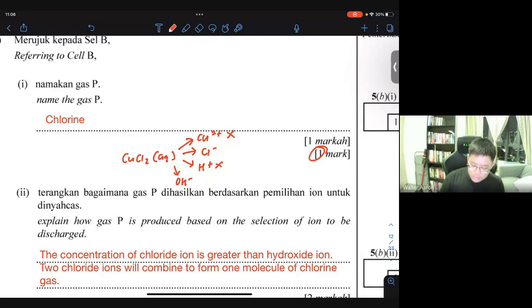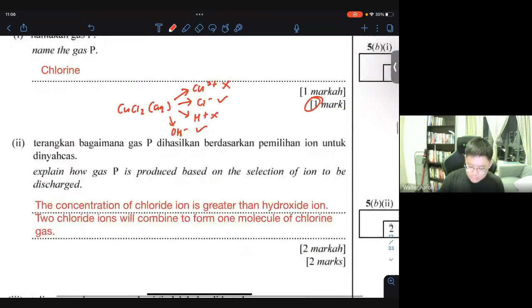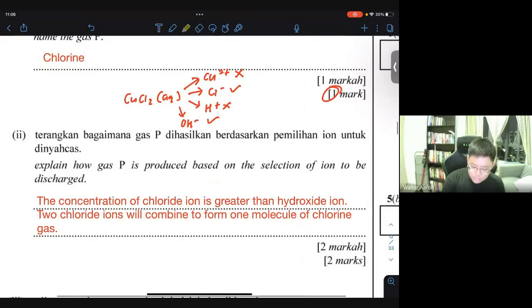So at the anode, you have to choose between chloride and hydroxide. How do we know which is being discharged? Since it's a concentrated solution, there will be more chloride ions compared to hydroxide ions. So the concentration of chloride ion is greater than hydroxide ion, and that's why chloride is chosen for discharge.